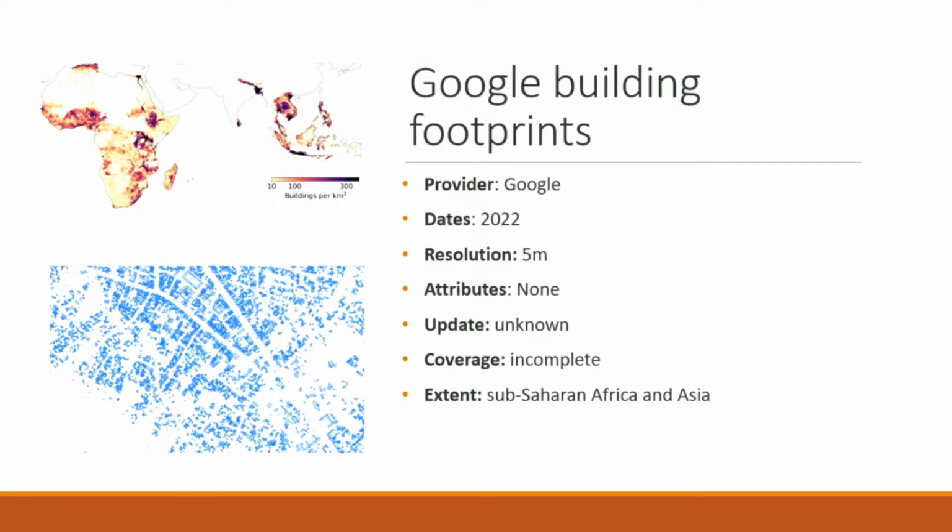And something that I want to mention at this point is one of the issues with the building footprints, like the Microsoft and the Google ones: they are not very clear about the year it was produced or the satellite imagery it was produced from. And they don't produce regular versions, year 1, year 2, year 3. So you have to work with a composite where you're not sure what the imagery date is.